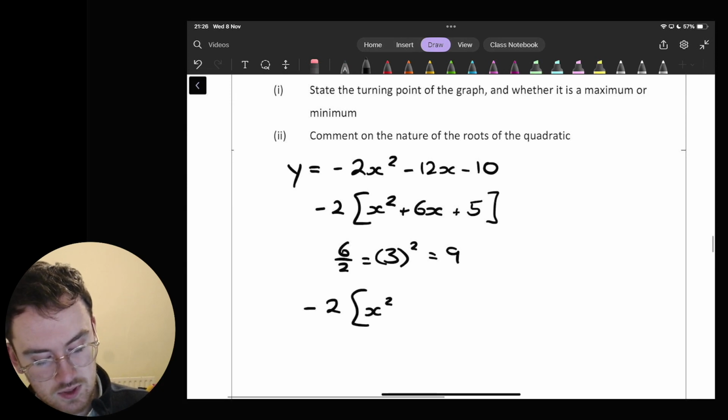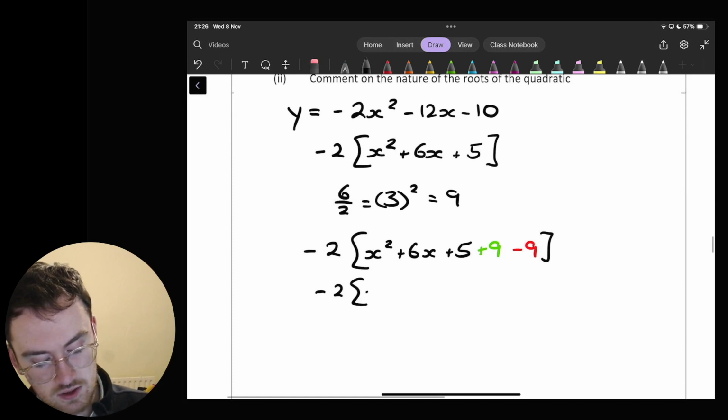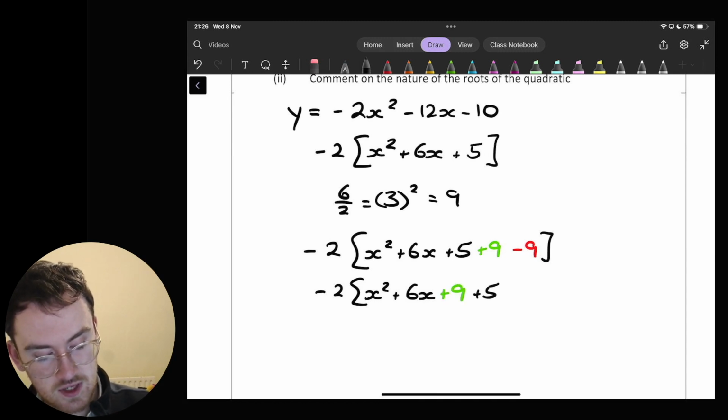So x squared plus 6x plus 5, I'm going to add 9, and I'm going to subtract 9 to ensure that I'm not changing my question at all. So minus 2 times x squared plus 6x plus 9 plus 5 minus 9.